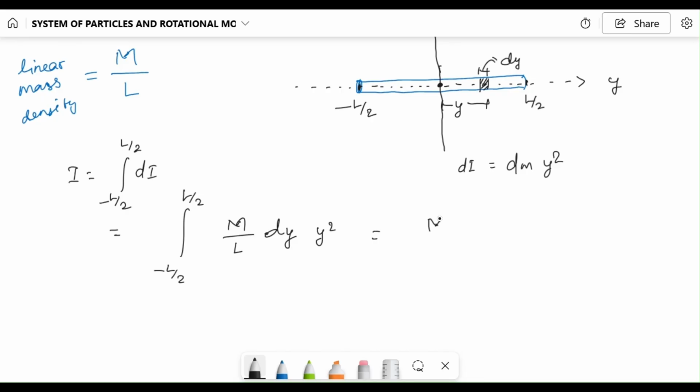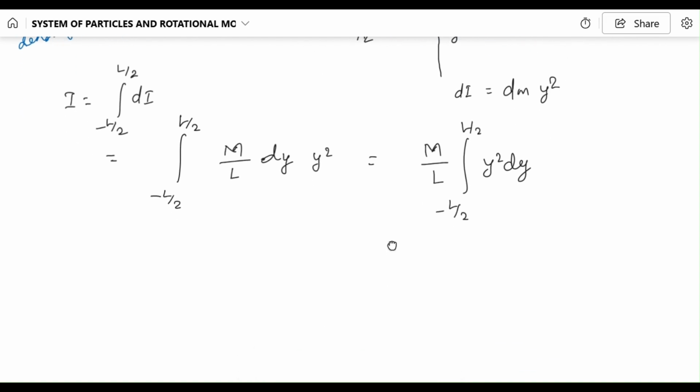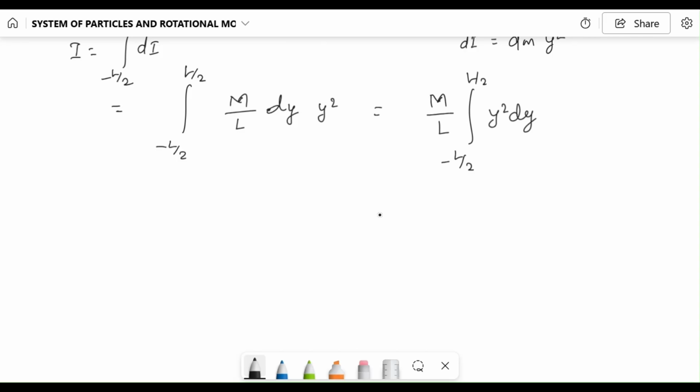So we can take it outside, M by L here, and this will be minus L by 2 to L by 2, and then we will have here y square dy, and of course we can do once again the same way. I equals to M by L, and this will be y cube by 3, and then we will have here L by 2, upper limit, lower limit minus L by 2.